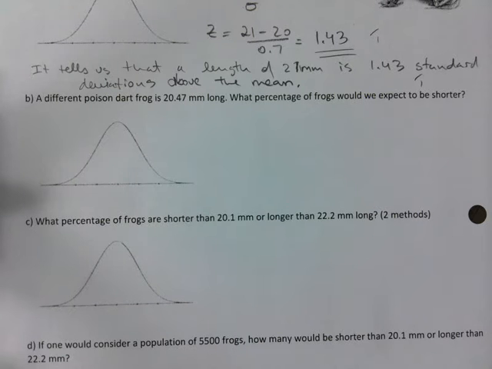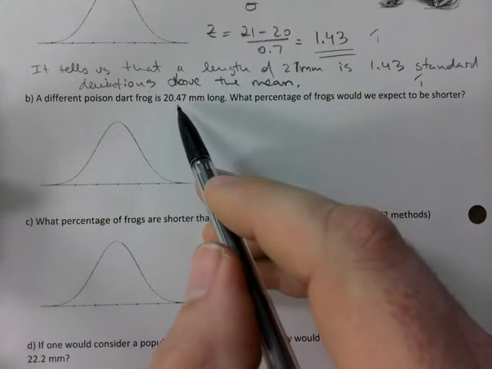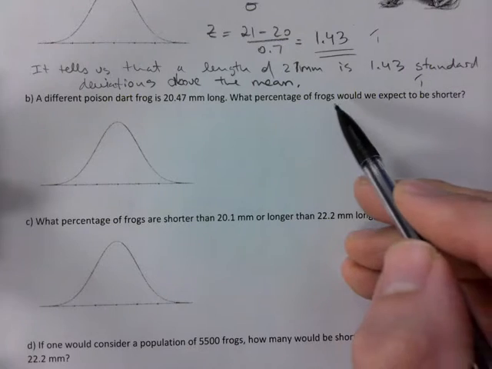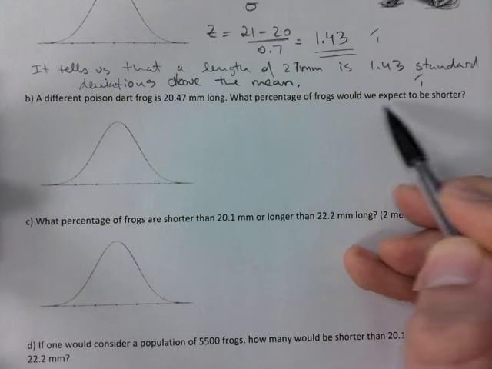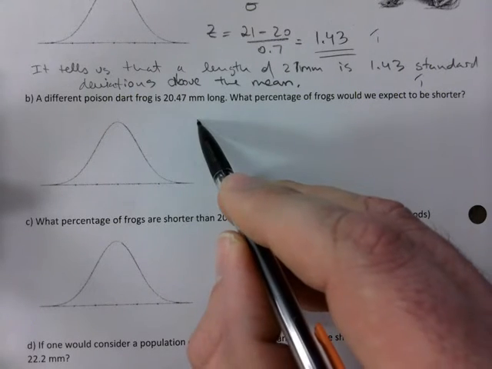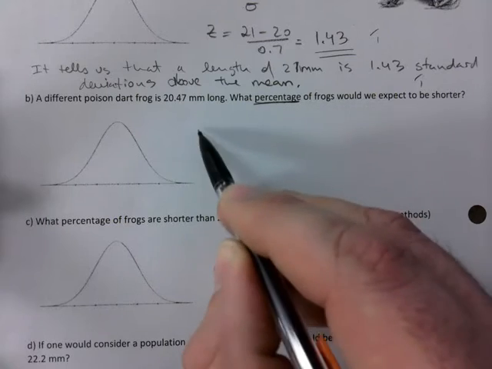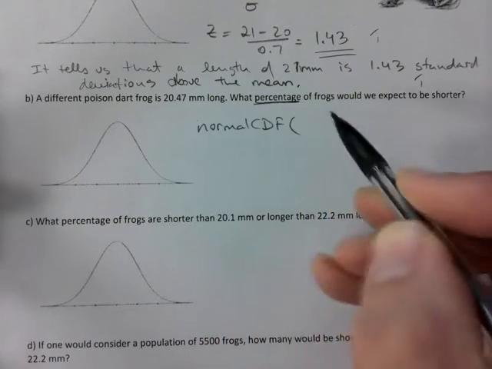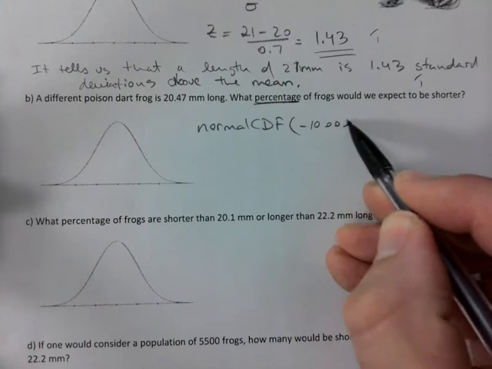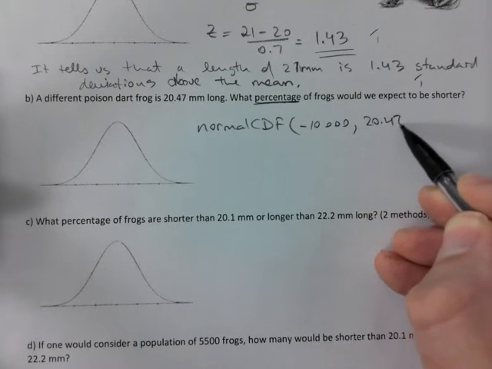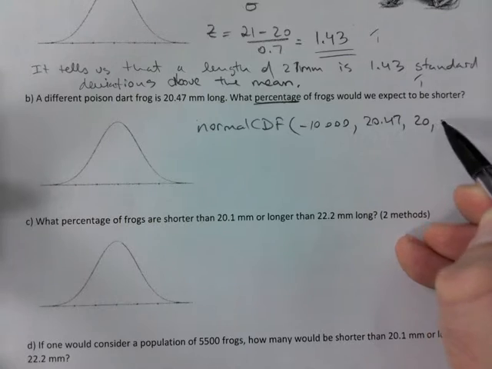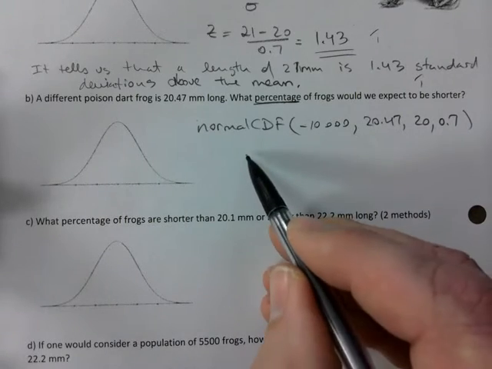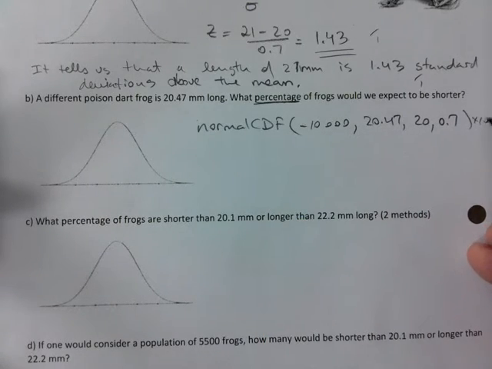Different poison dart frog is 20.47 millimeters long. What percentage of frogs would we expect to be shorter? So because of the percentage question, right? Normal CDF shorter, so it's negative 10,000, 20.47, and we are at 20 and 0.7 times 100.